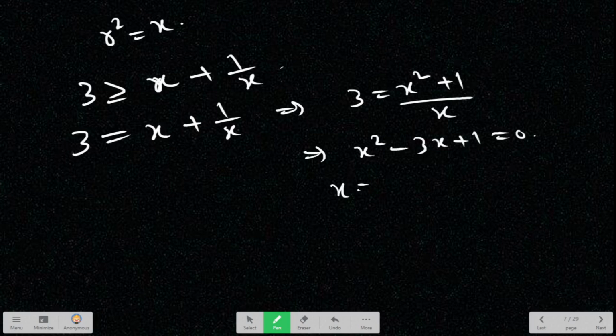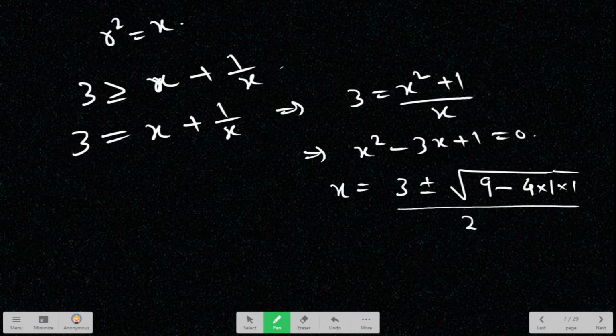So X equal to 3 plus or minus root of 9 minus 4 into 1 into 1, whole divided by 2 into 1. This implies X equals 3 plus or minus root 5 divided by 2.